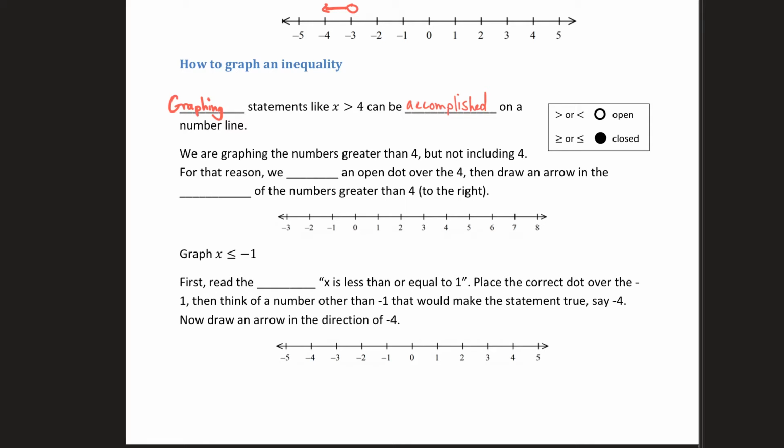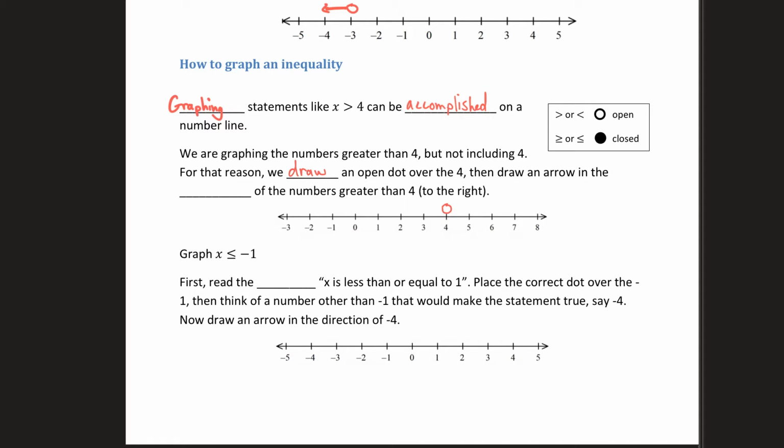So we're graphing the numbers greater than 4, but not including 4. I'm talking about this one right here. For that reason, we draw an open dot over the 4, and I'm going to do that right now.